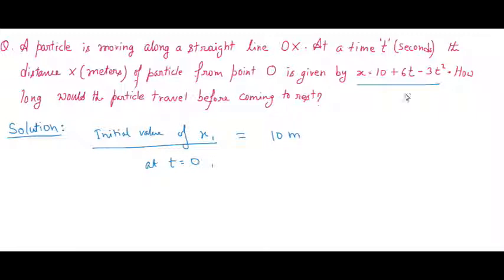How? Just put the value of t is equal to 0 in this equation. So this will become 0, this will become 0, what will be left? 10 meter is the initial value of x.